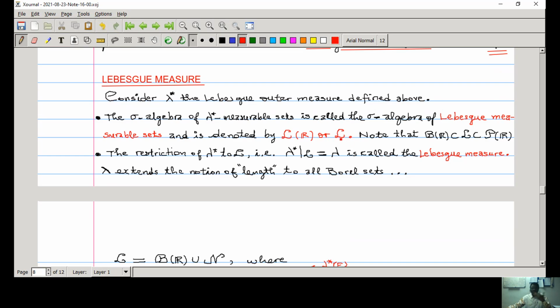And L stands for Lebesgue, because when you write Lebesgue, the first letter is L. That's just to refer to the Lebesgue.